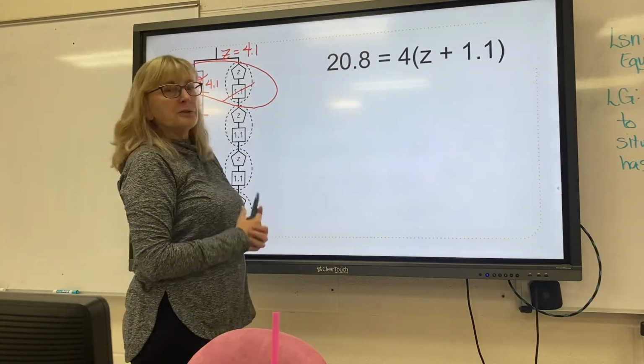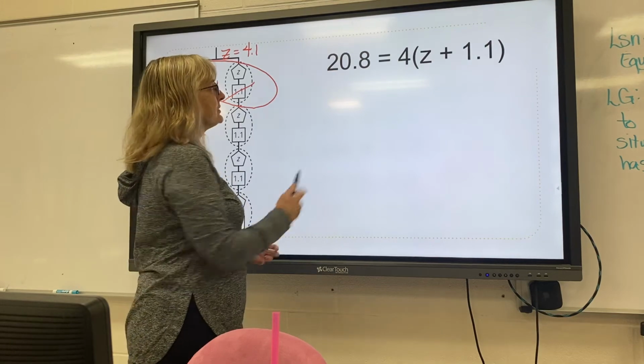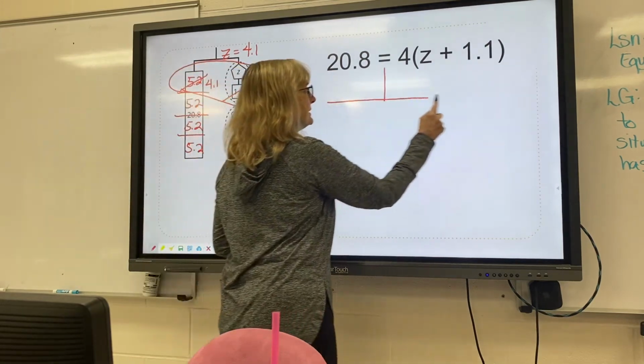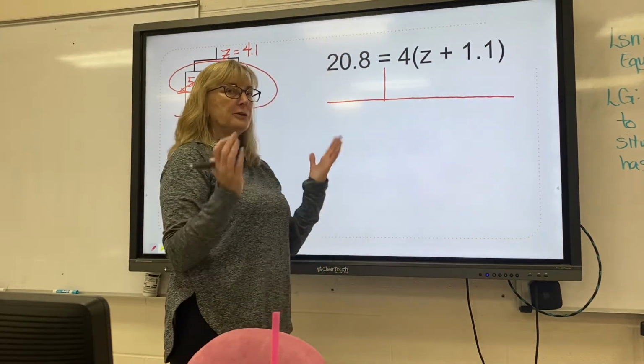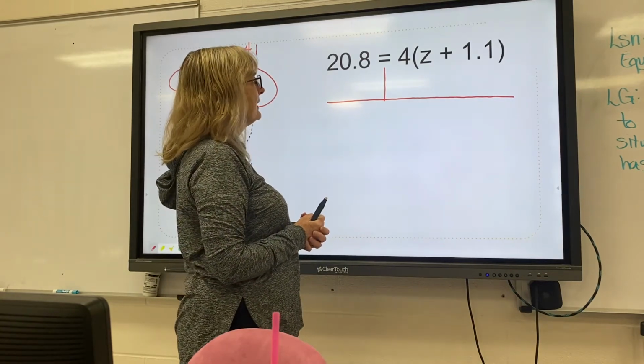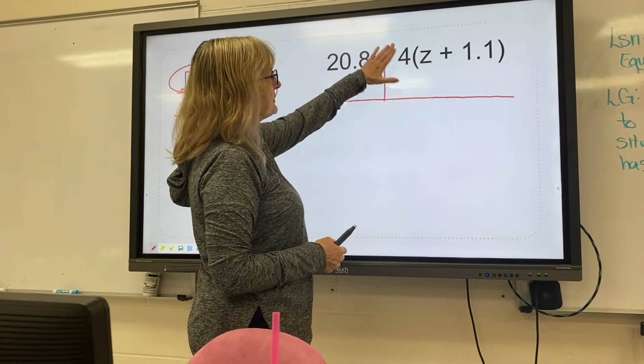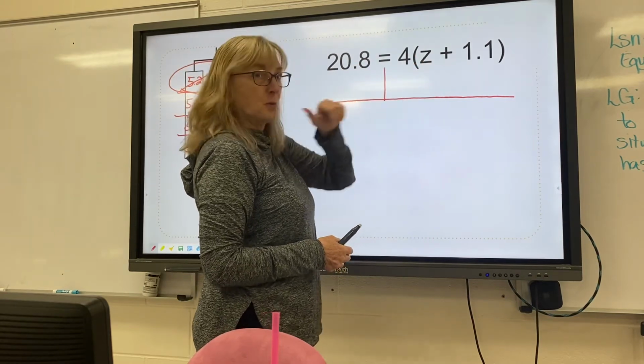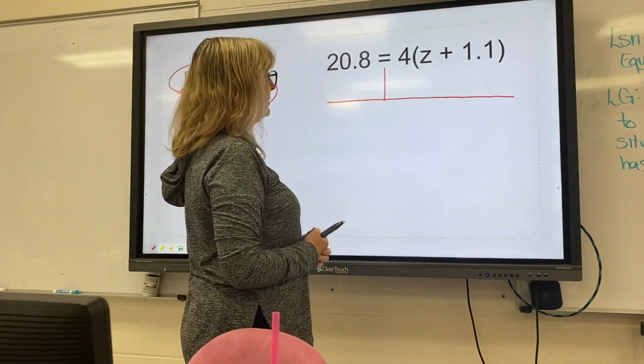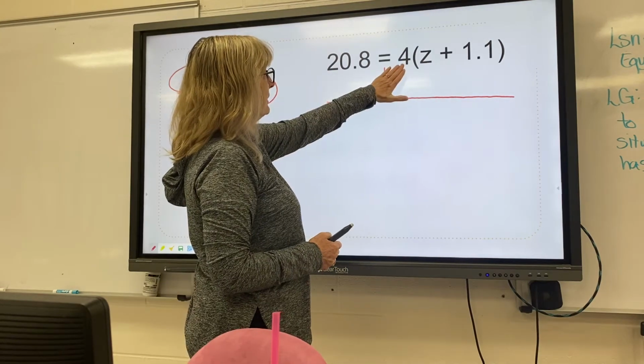All right, let's come over here and try it with the equation. So as before, we're going to draw an upside down T so that we can show we are using the property of equality. We have 20.8, or 20 8/10 equals 4 groups of z plus 1 1/10. Well, I see 4 here. It's multiplied.